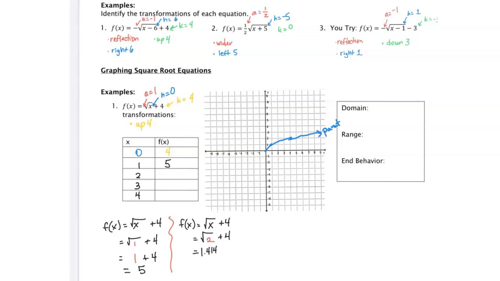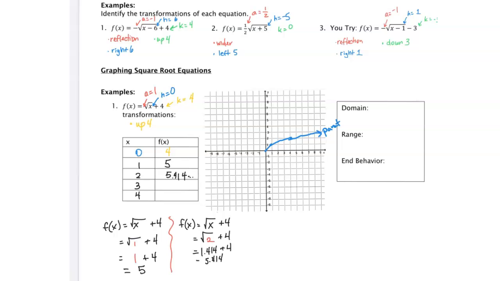And then we're still adding on that 4 at the end. So this gives us about 5.414, with a bunch of digits at the end. This is an irrational answer.